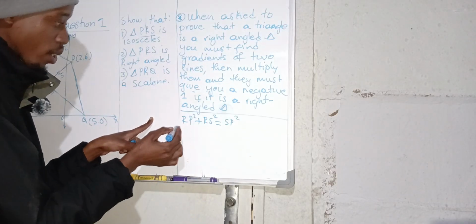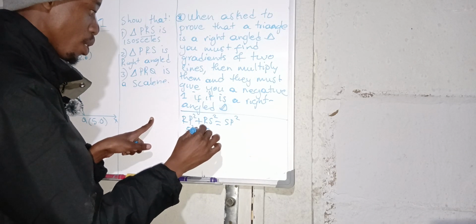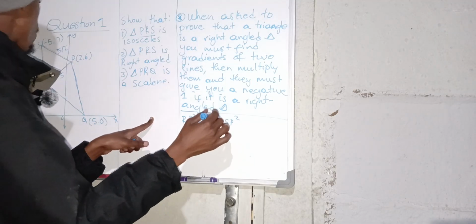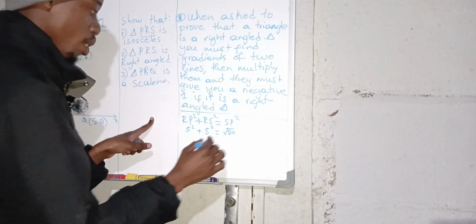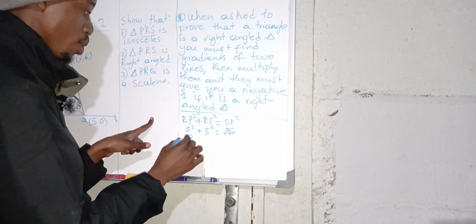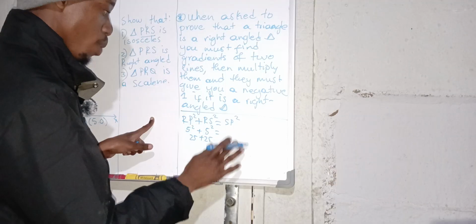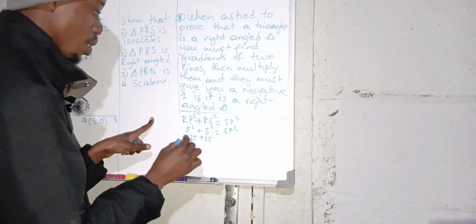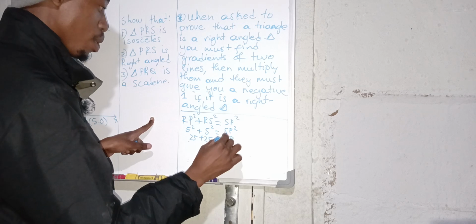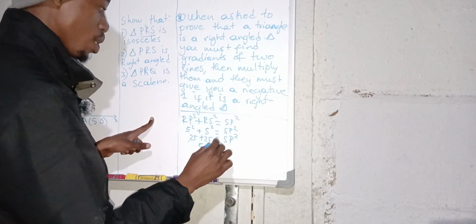We had already found the distance there is 5 squared plus, here we know that is 5 squared. Here we found that is square root of 50. And then here we'll be having 25 plus 25. Let's leave it as SP squared, but we knew that it is square root of 50. So we'll be saying SP squared, and the total is 50.